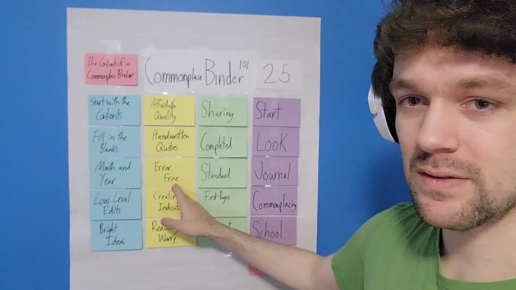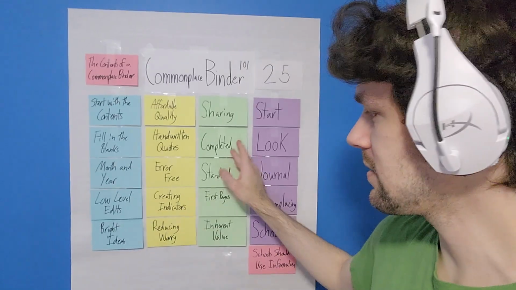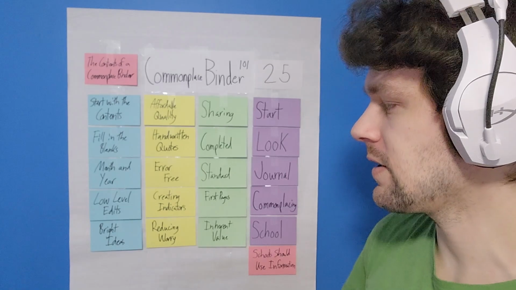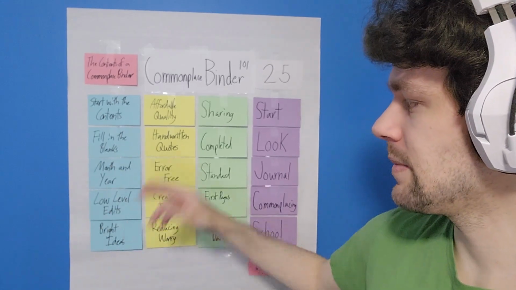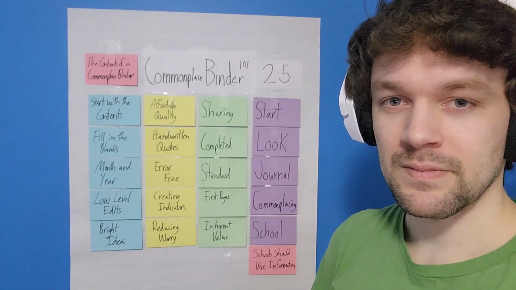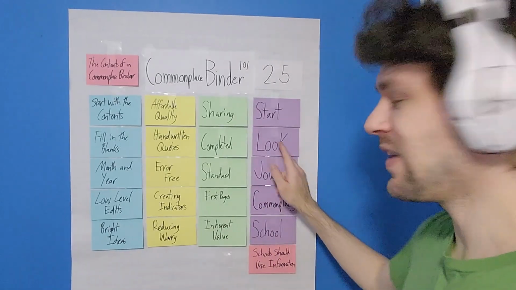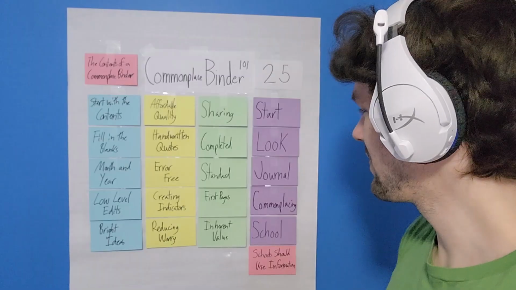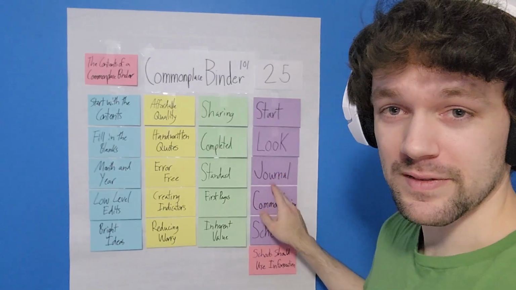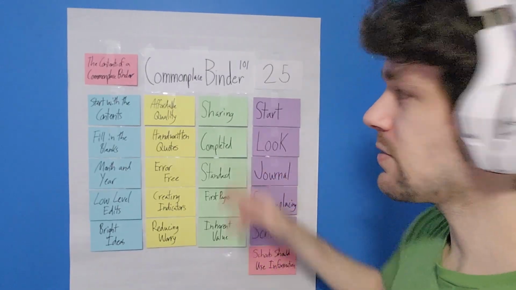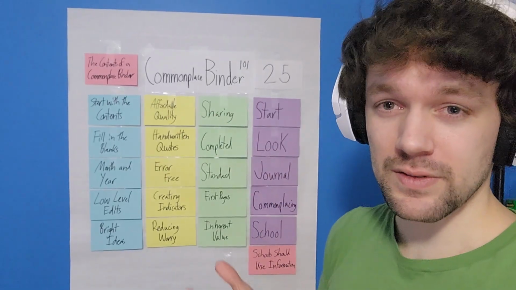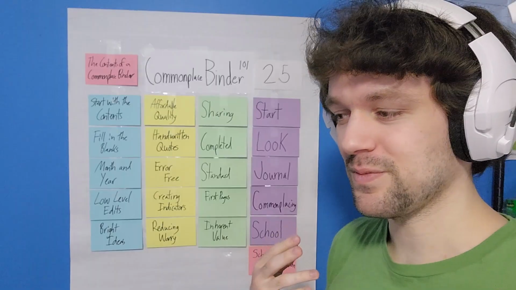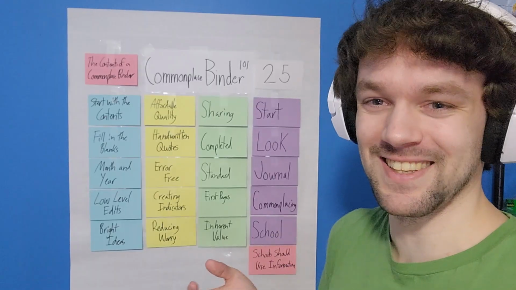So even if it is totally error-free, and it's completed, and it has inherent value, and it has bright ideas, and you have everything sorted by time, you gotta look at it. Why are you making it if you're not looking at it? You might just be journaling, and that's okay. It's a little weird to call it commonplace if you're just journaling, but if you're just journaling, that's fine. You don't have to do this.